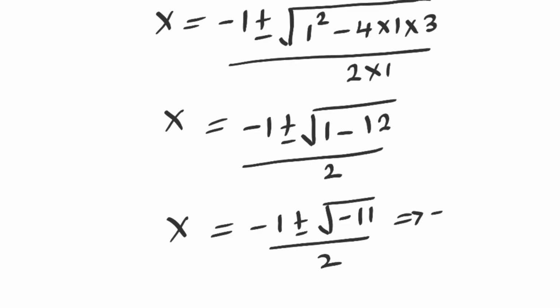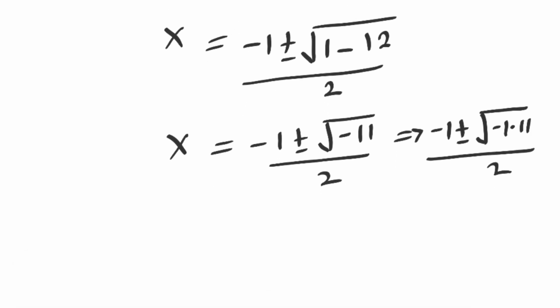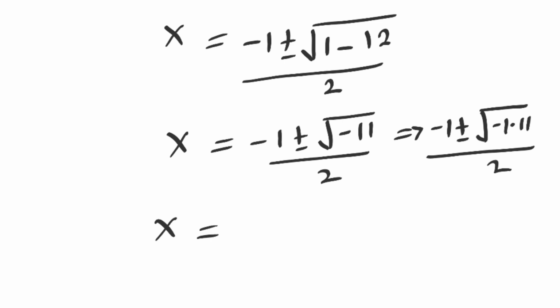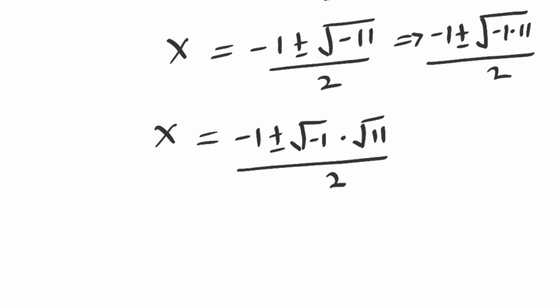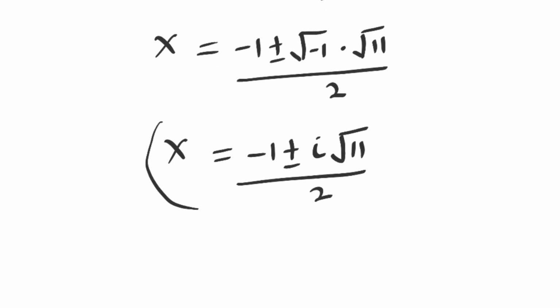This is the same thing as -1 plus or minus the square root of -1 multiplied by 11, all over 2. x is equal to -1 plus or minus the square root of -1 multiplied by the square root of 11, all over 2. The square root of -1 is i, then the square root of 11 all over 2. These are other values of x.